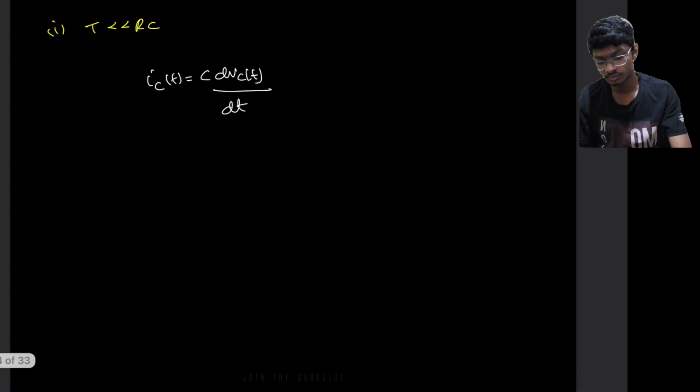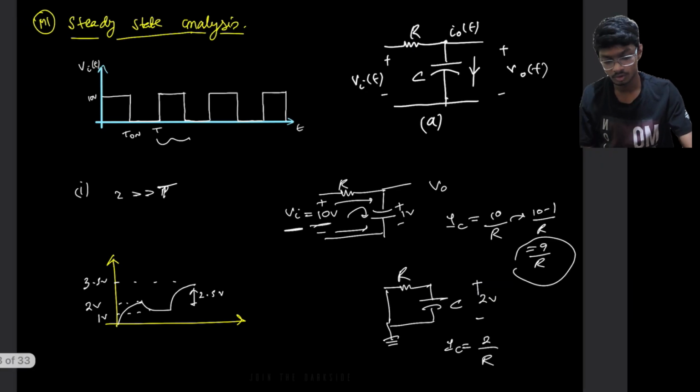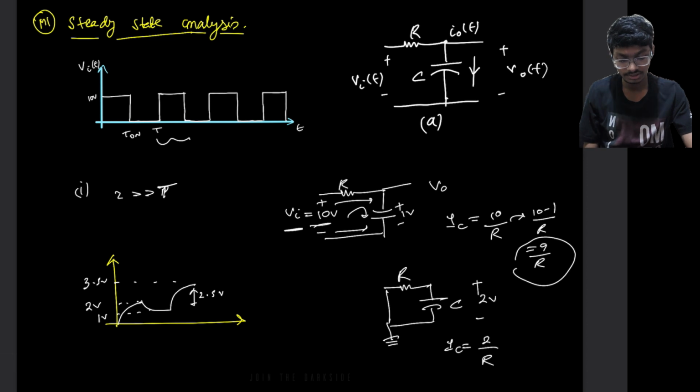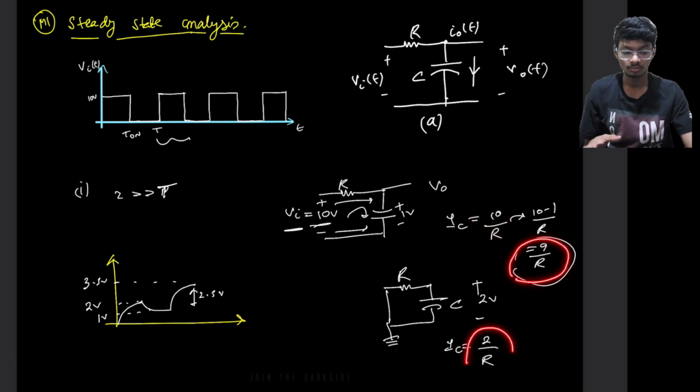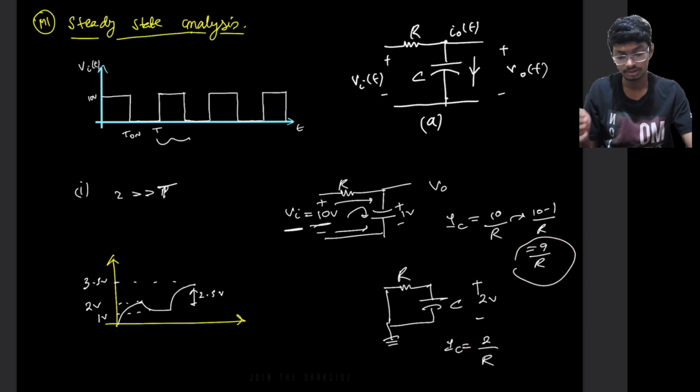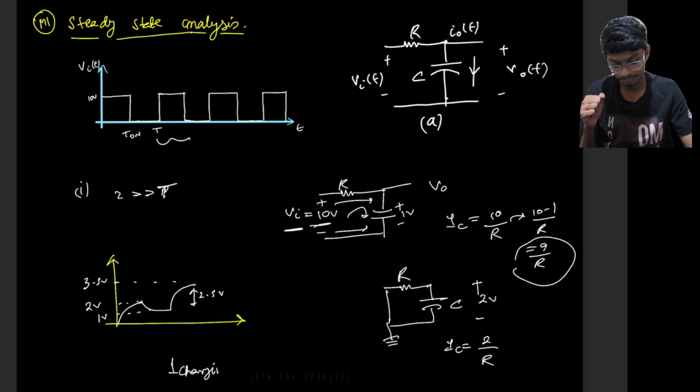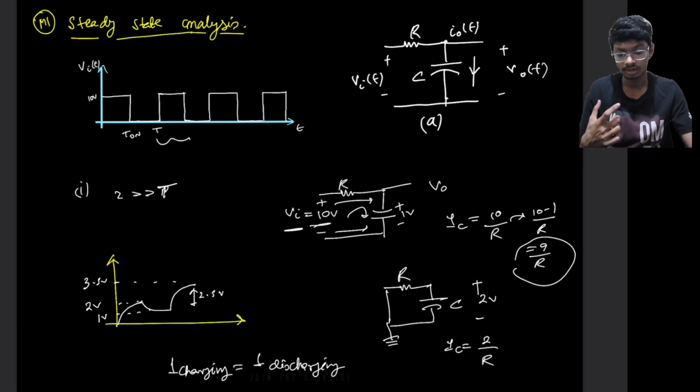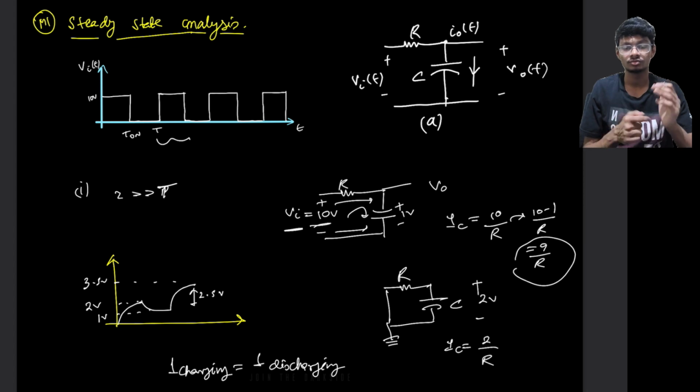So if the average voltage is constant, then, since initially it is charging at 10 by R, now the charging current is reduced but the discharging current will increase, to something like 3 by R, then 4 by R, and at a certain stage this I charging will be equal to I discharging. Then it will reach a steady state. Why? Because the average current will be 0.